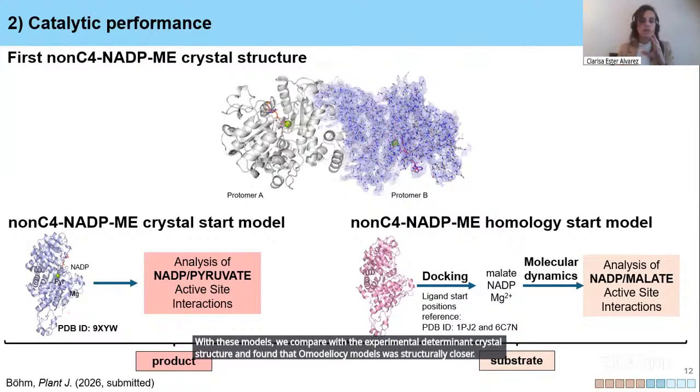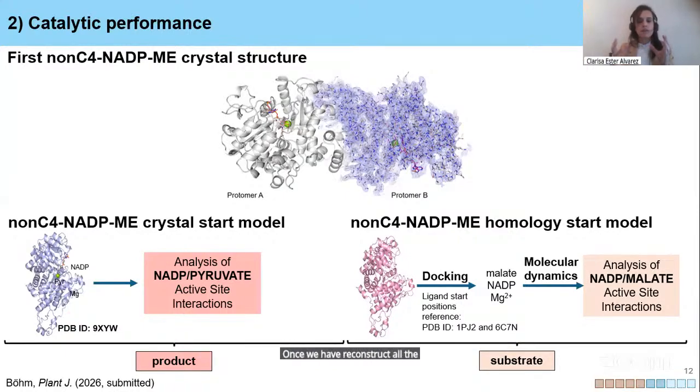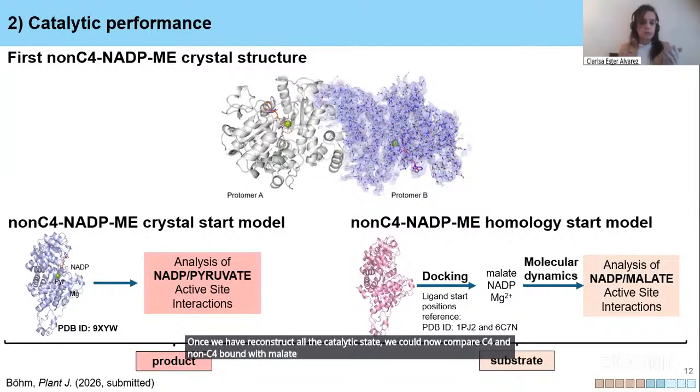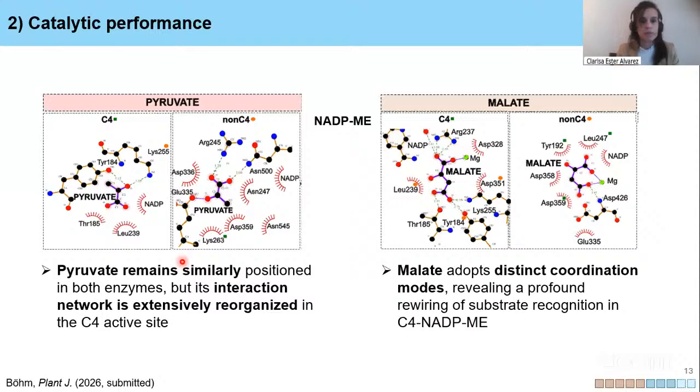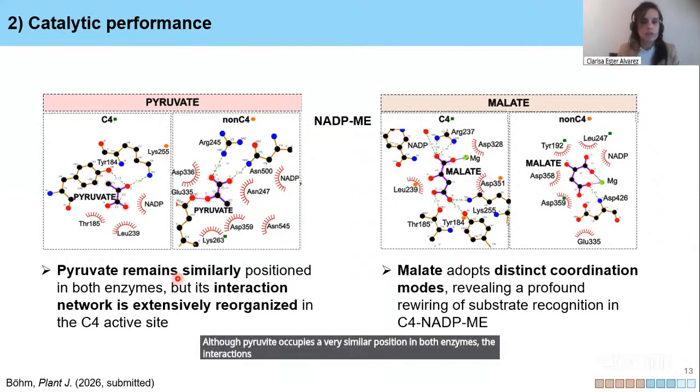Once we had reconstructed all the catalytic states, we could now compare C4 and non-C4 bound with malate and with pyruvate. Let's start with pyruvate, what we have found. Although pyruvate occupies a very similar position in both enzymes, the interactions around it are not identical.